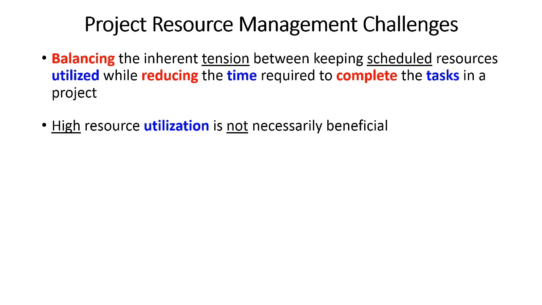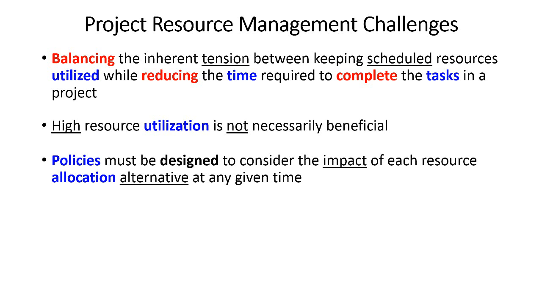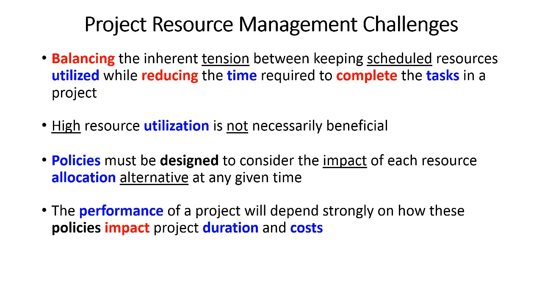High resource utilization is not necessarily beneficial. Policies have to be designed to consider the impact of each resource allocation alternative at any given time. And the performance of a project is going to depend very strongly on how these policies impact project duration and costs.